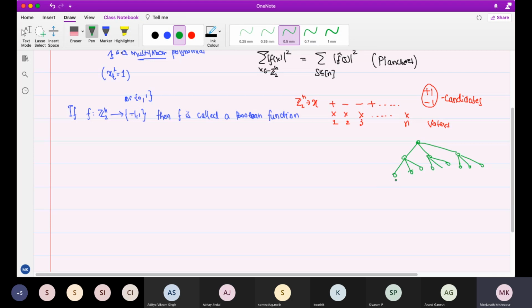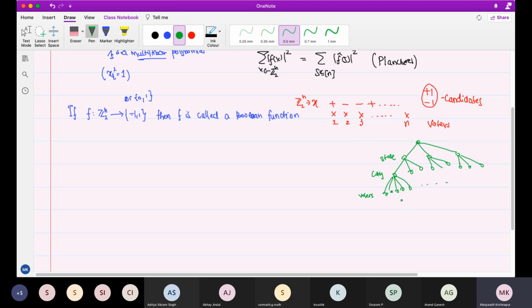In each of these, there are a certain number of voters, let us say. So this is nation, this is state, city, and let's say here I have voters directly. Maybe there are a certain number of voters here. I have written 5 voters here and so on. So these are the people who vote.